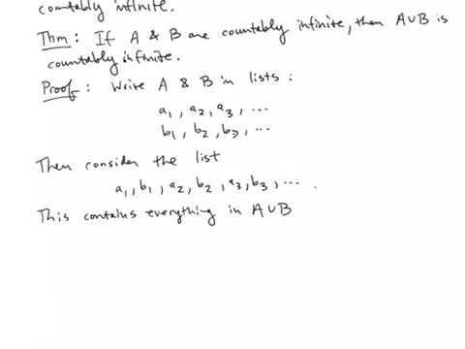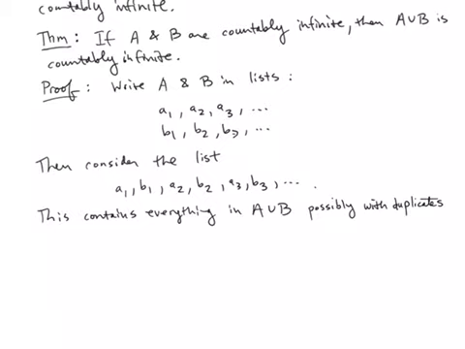Possibly with duplicates, right? So A and B might have some intersections, so there might be some doubles in the list. And then if we delete the duplicates, then we'll still have an infinite list, right?